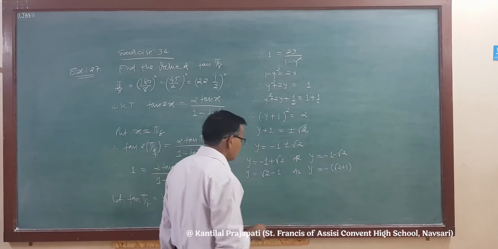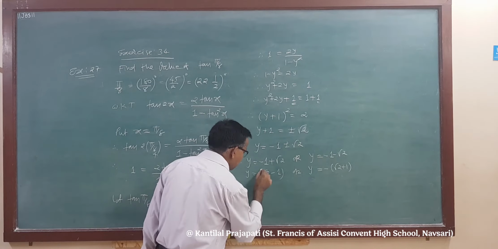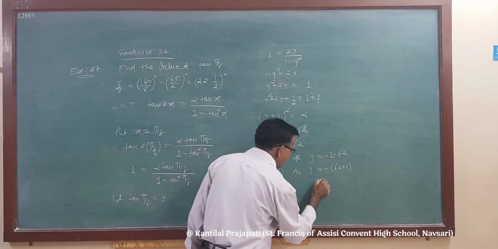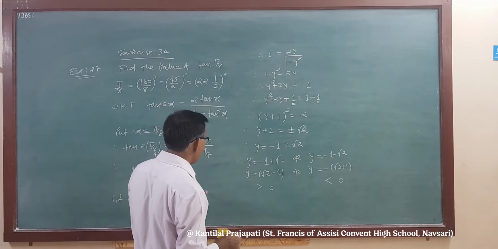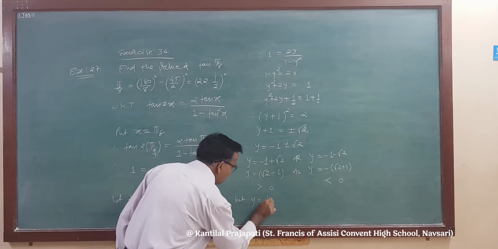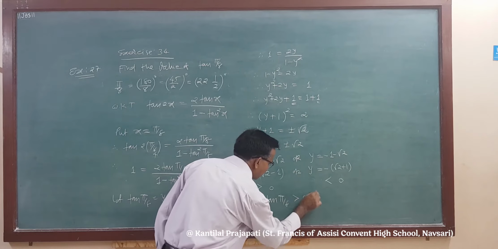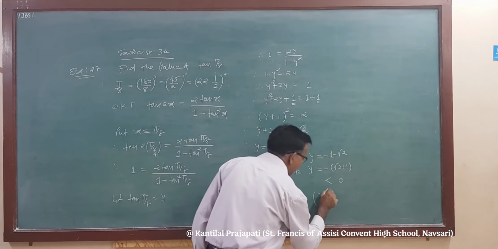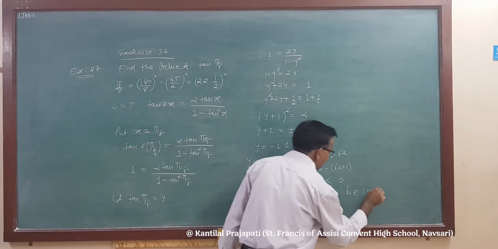So this is greater than 0 and this is less than 0. So y is equal to what? Tan pi by 8. But y is equal to tan pi by 8, which is greater than 0 because pi by 8 lies in the first quadrant.